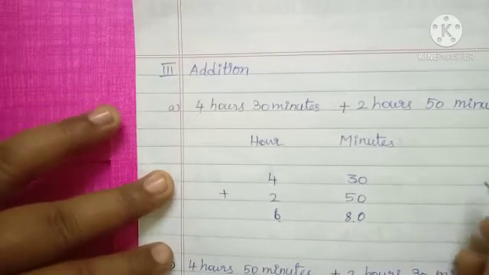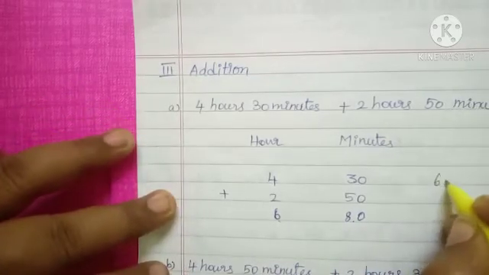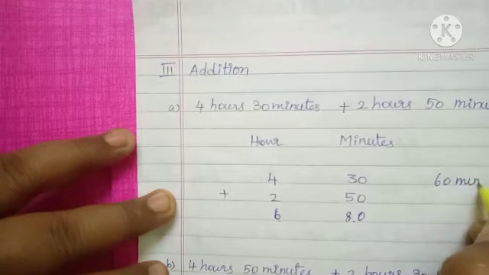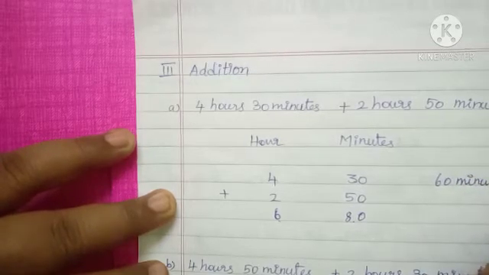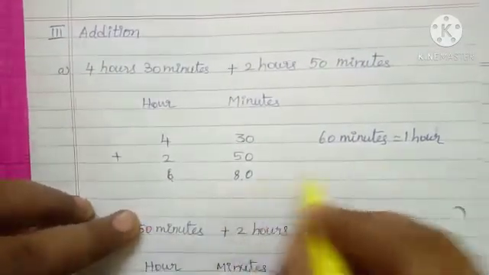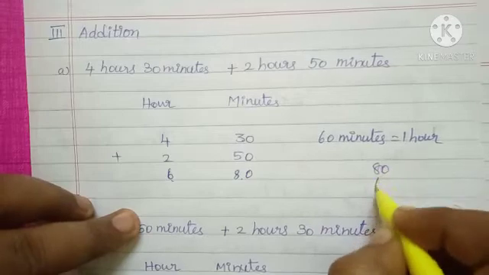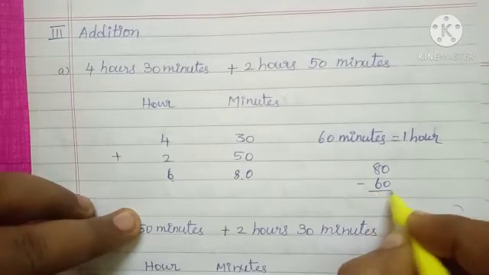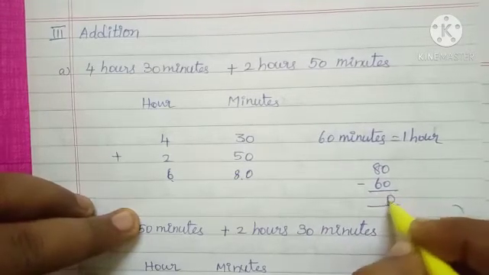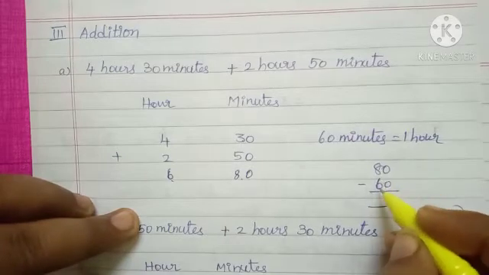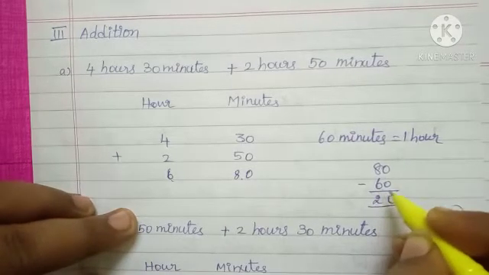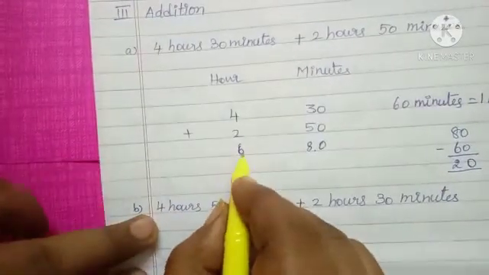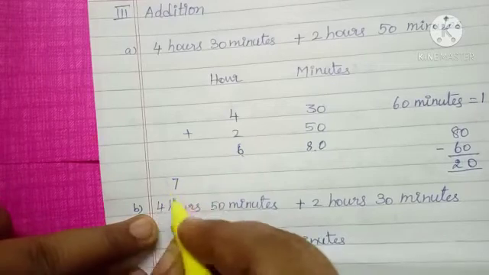So 80 minutes you convert now. 60 minutes equal to 1 hour. So 80 minutes subtract 60, 8 subtract 6, 2. So this 1 hour is converted now here. 6 plus 1, 7 hours.